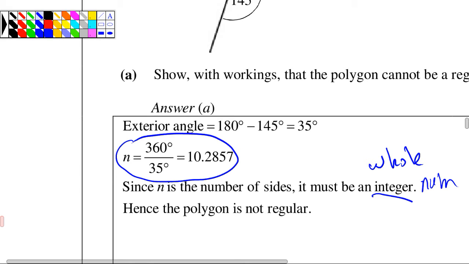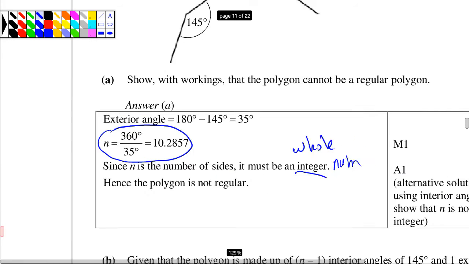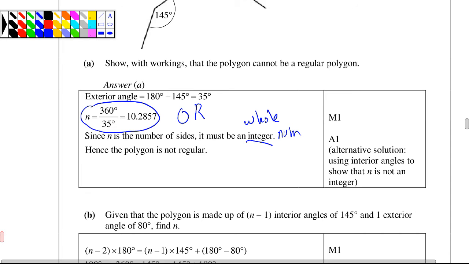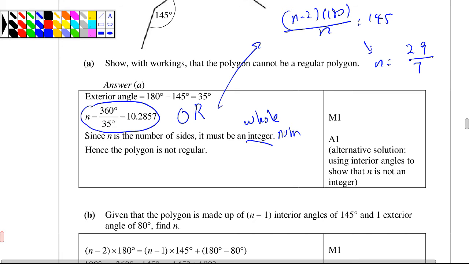You look at n, how you get 29? Oh, you solved it. Can you use interior angle? Can. So if you write this working, you also get mark. Or you write n minus 2 times 180 divided by n equals 145. You solve n equal 29 over 72. I think you are working wrong.